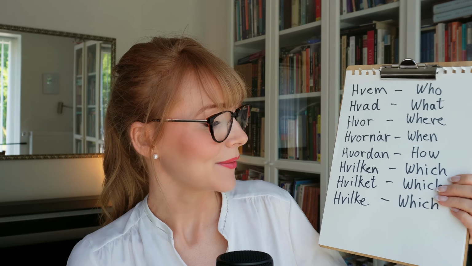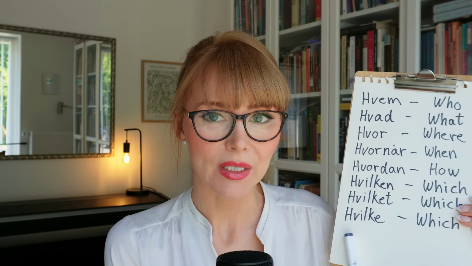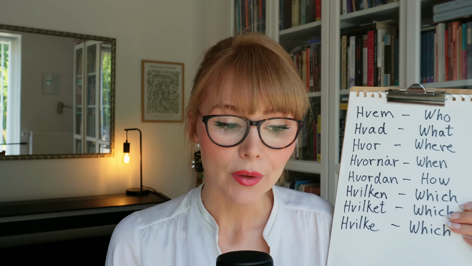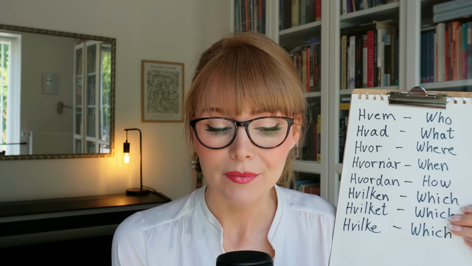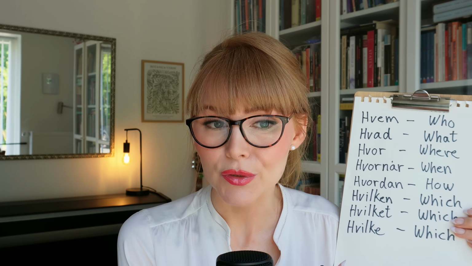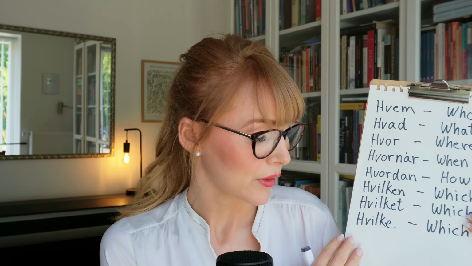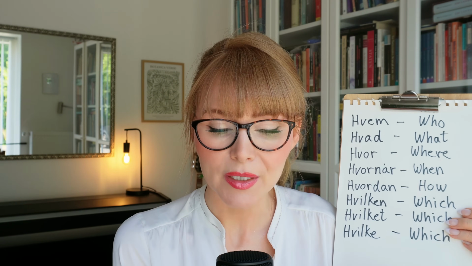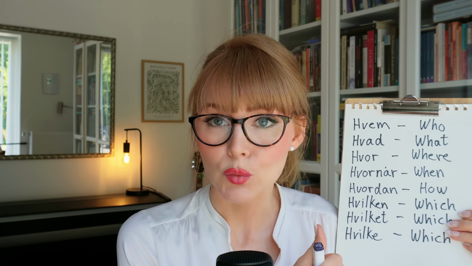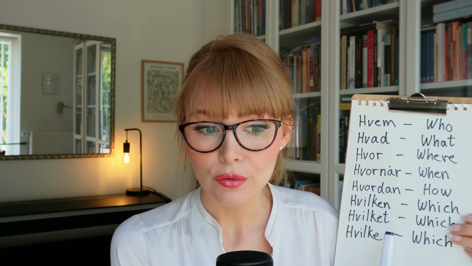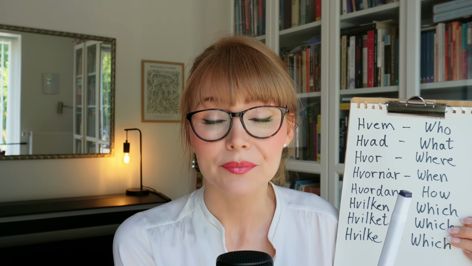But here we go. Hvilke, you will say if there is more than one object. If it's a pair, for instance, a pair of shoes, you will say hvilke sko. Which shoes? Because there are two and not just one. So it's hvilket hus, because it's one.